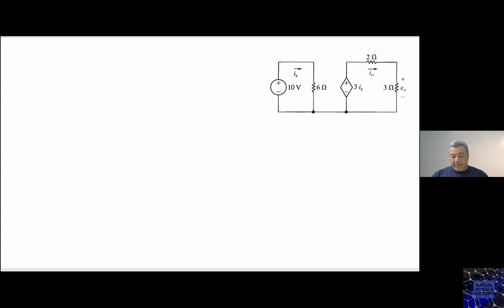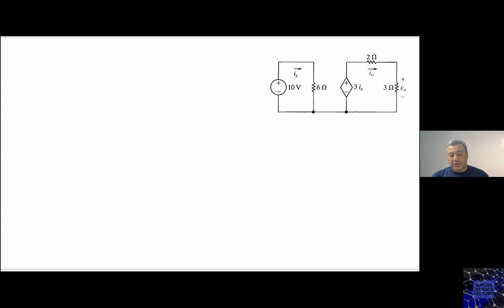Yes. So here we have a current controlled voltage source. This dependent source depends on the current IS, which is this current, right? So we need to calculate V naught.